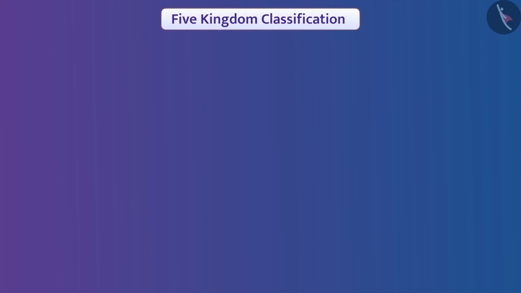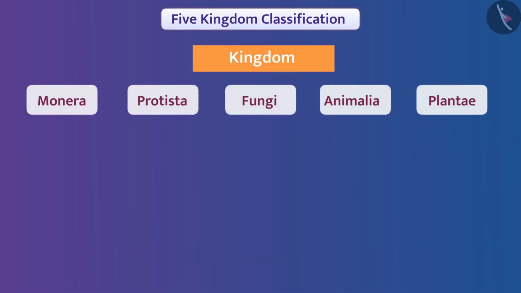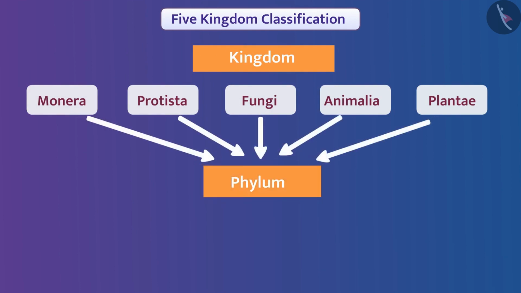It has been observed that in any kingdom, there are also organisms which are different from each other in terms of any specific characteristics. That's why each kingdom is again classified into subgroups.